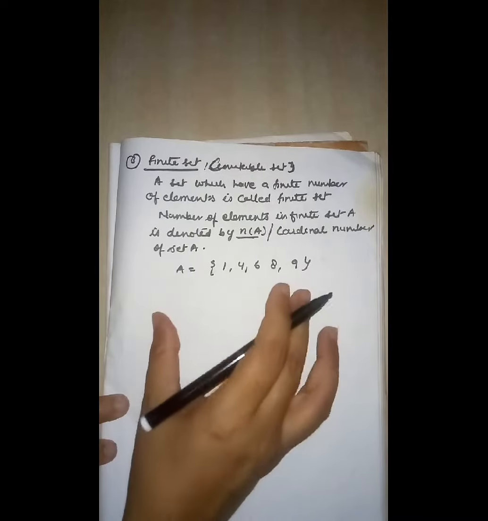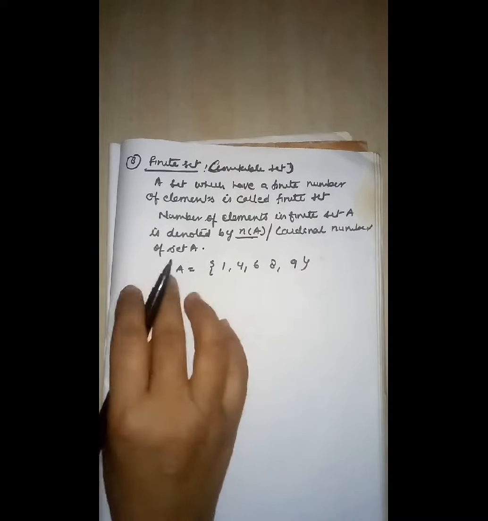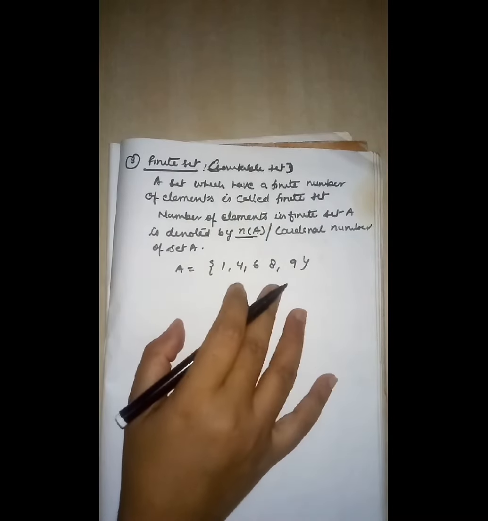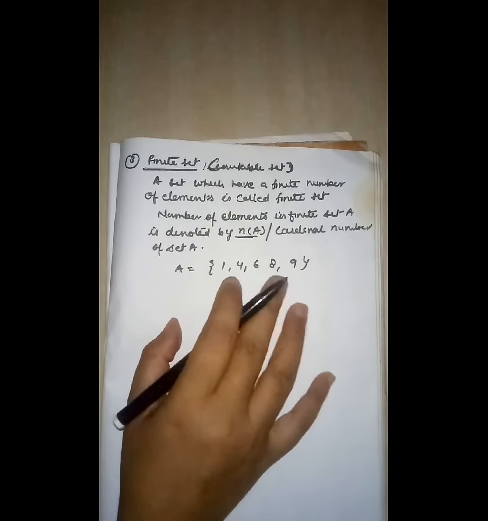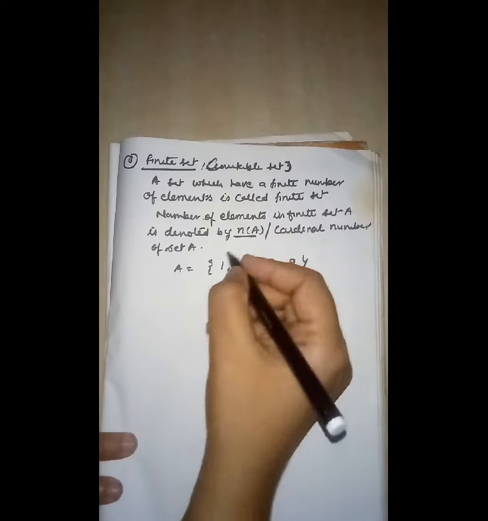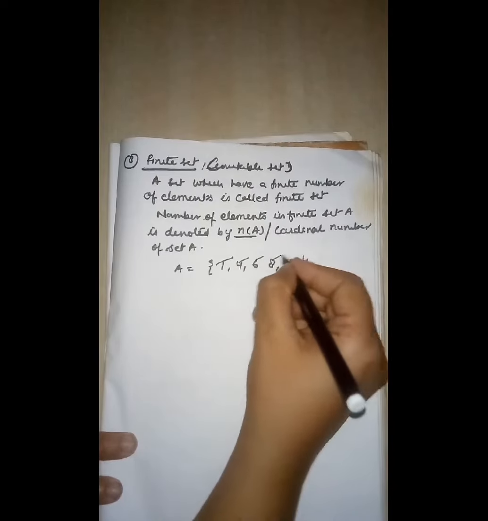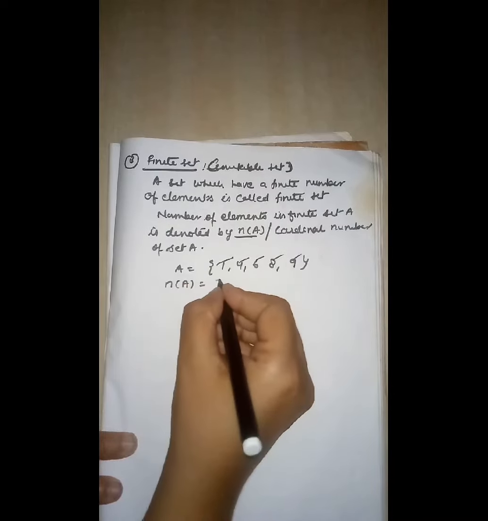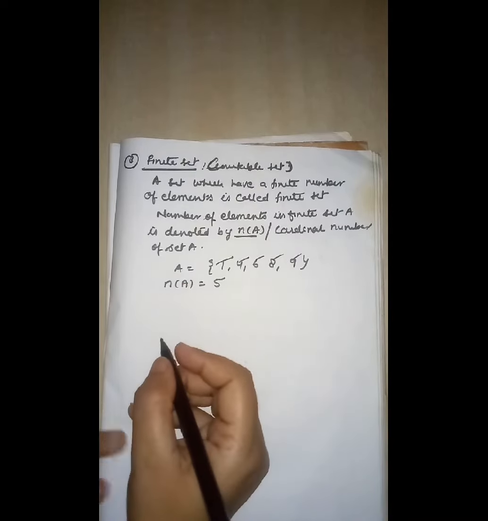This is a finite set, because if you count the elements, you get 1, 2, 3, 4, 5. So this set has 5 elements. It means this is a finite set.